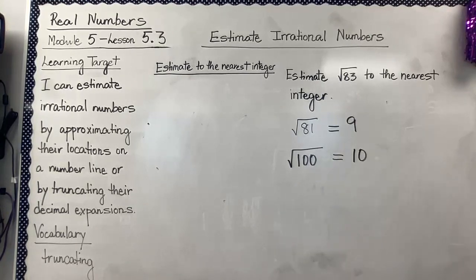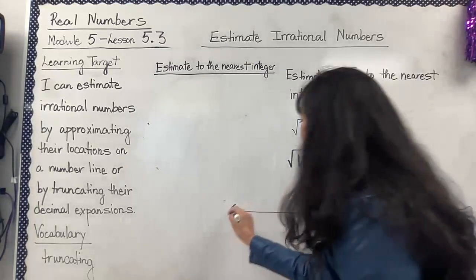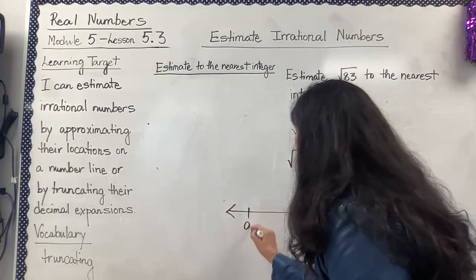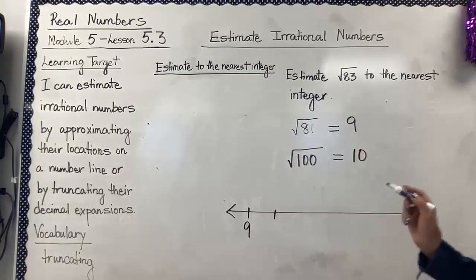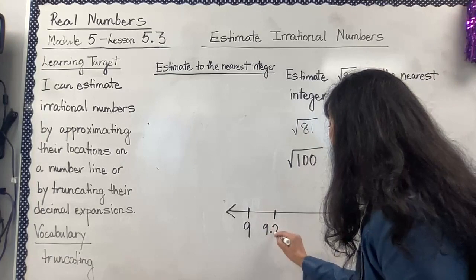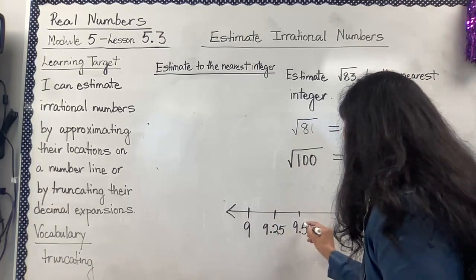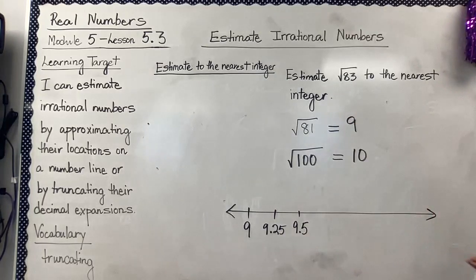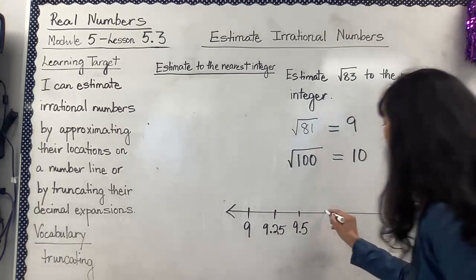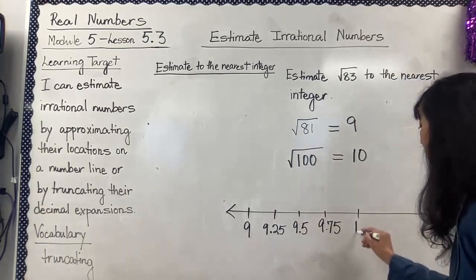Let me show this to you. So if I have 9, and I have 9 and 25 hundredths, 9 and 50 hundredths, 9 and 75 hundredths, and then we have 10.